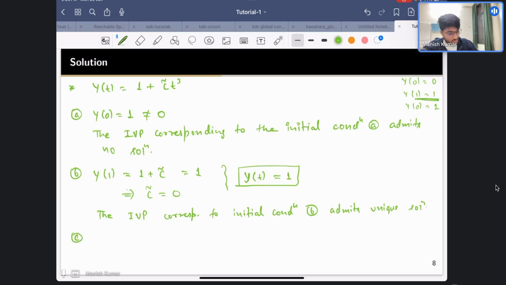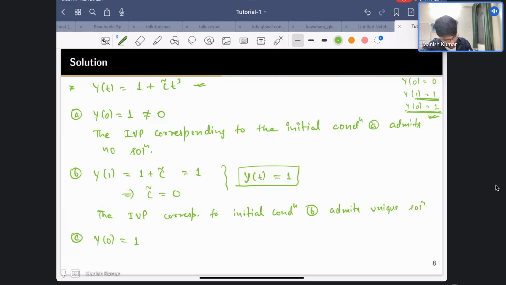Now let us see the third case. The third initial condition is y(0) is 1. If I put t equal to 0 in this function, y(0) will give me 1, which is matching with this condition. So there is no choice of c; any c tilde would work.